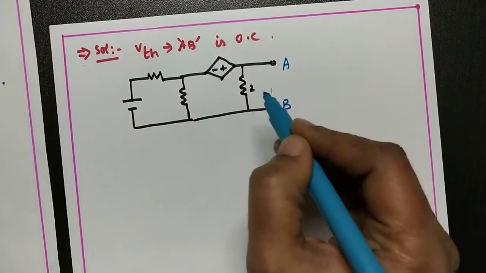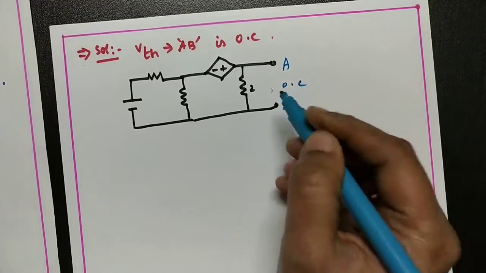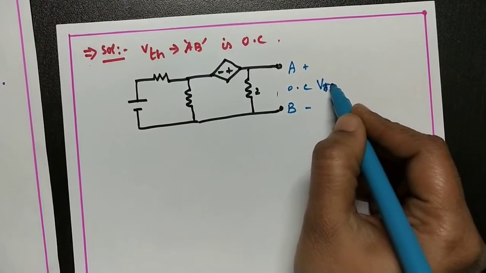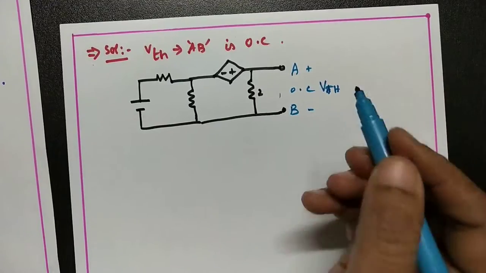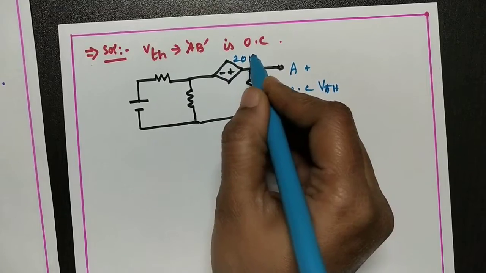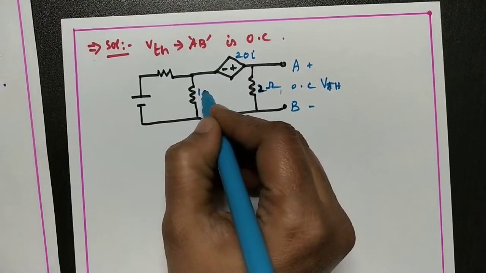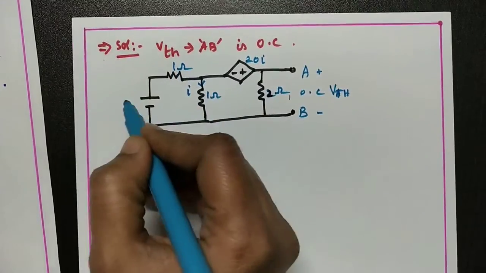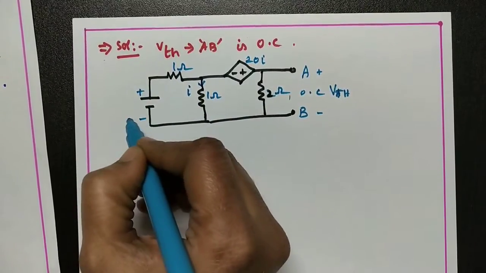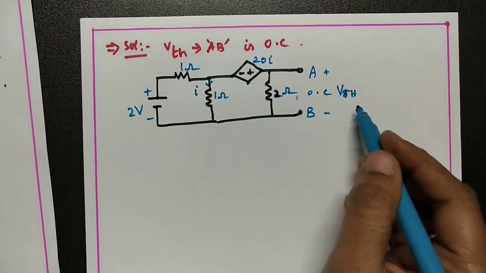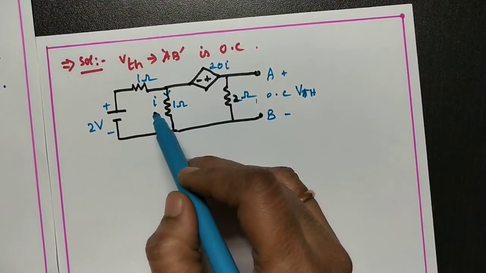So AB are the terminals, this is open circuited, and here this one is VAB or VTH, the Thevenin's voltage that we have to find. Here 2 ohms, 20I is the dependent voltage source, and 1 ohm, this is the current I, and here 1 ohm, and here 2 volt. So to find VTH, first we have to find the current I.